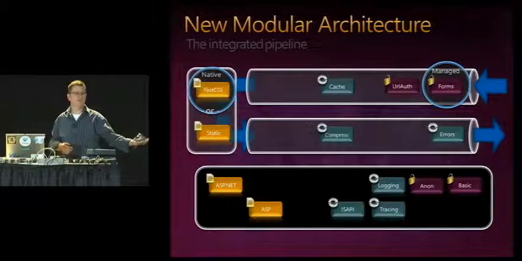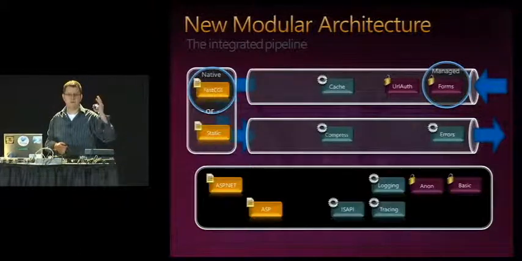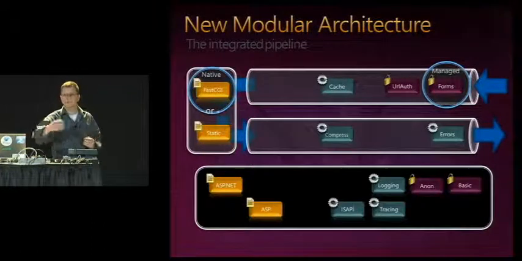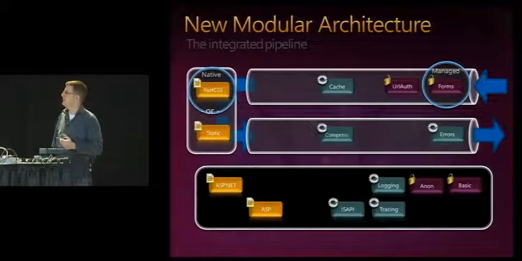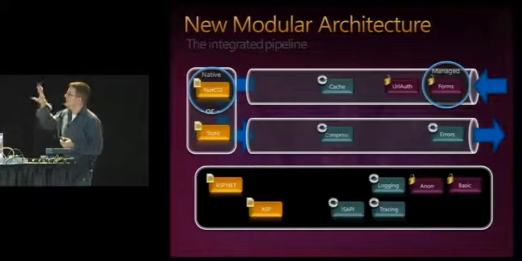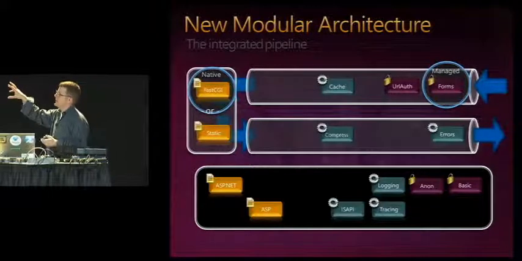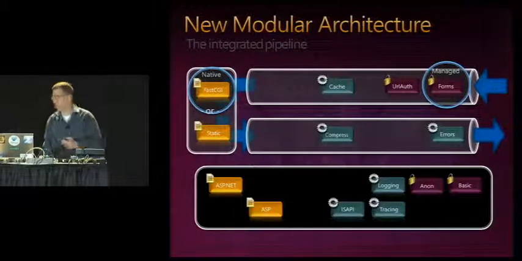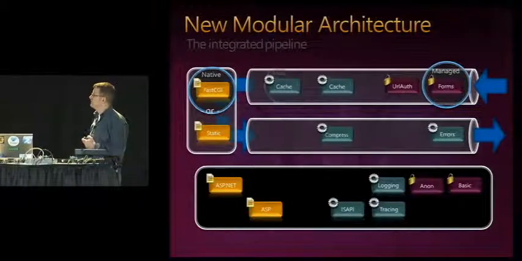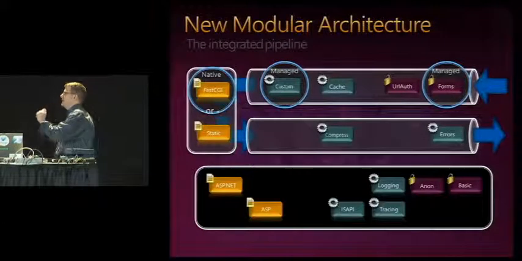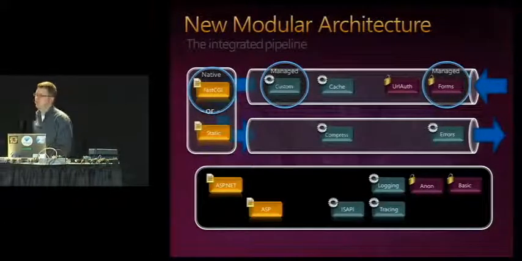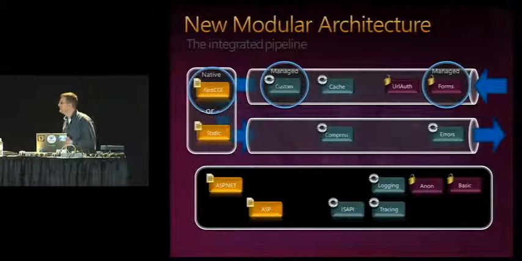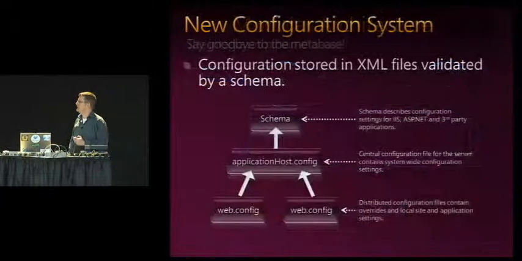So you can use the default SQL Server provider, you can use an Active Directory provider, you can use a custom provider that goes against your existing username database. That's all pluggable. But you can use that managed functionality along with your native modules, including FastCGI and PHP. It's pretty powerful. The other thing that means is that it's easy to add new modules into this managed pipeline using whatever managed language that you want to use. So there's a lot of great new opportunities here.